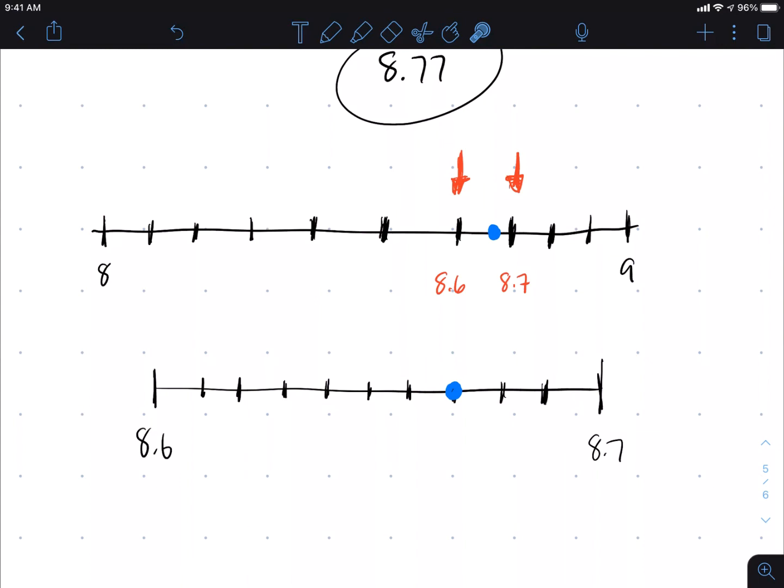So the number that follows is going to be 8.61, 8.62, 8.63, 8.64, 8.65, 8.66, 8.67. So this is 8.67. Does that make sense?